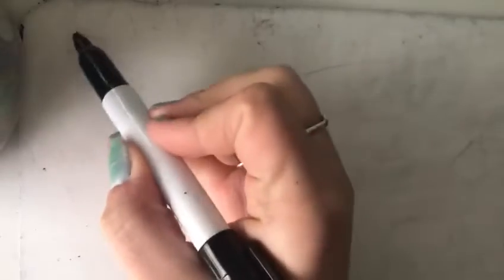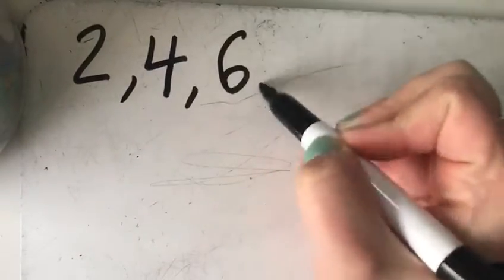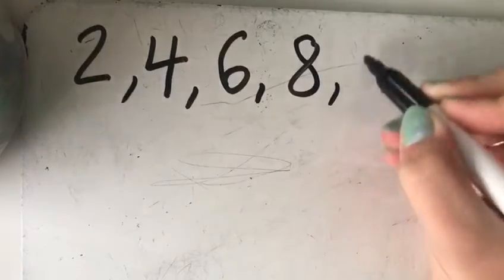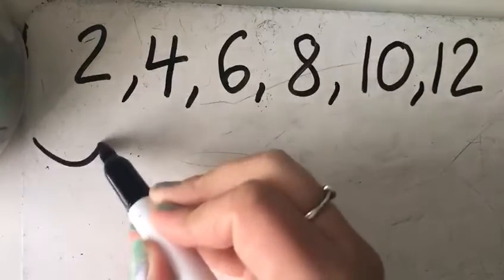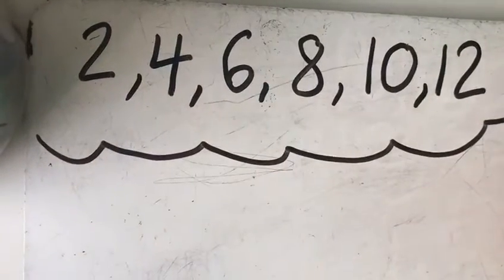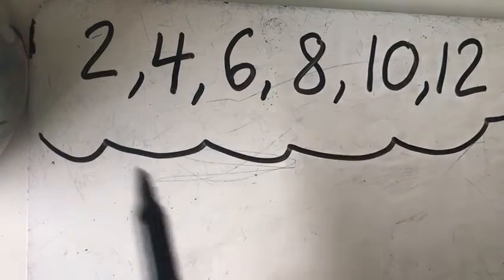Okay, I now want to look at the numbers 2, 4, 6, 8, 10, and 12. I want to see if I can split these numbers in half with nothing left over. So let's start with the number 2 first.